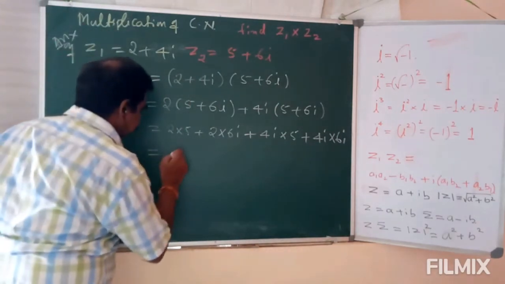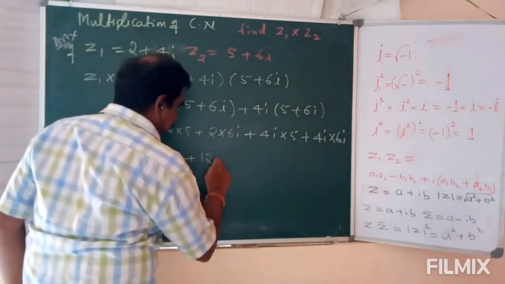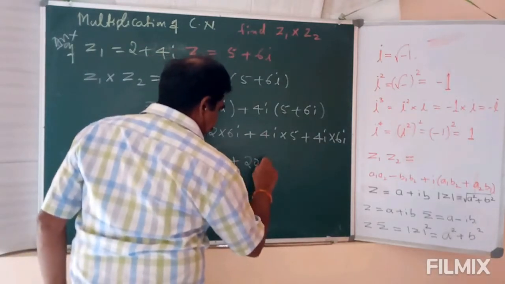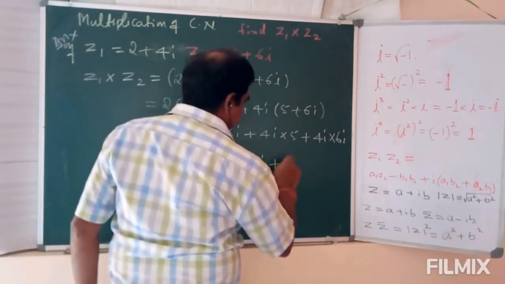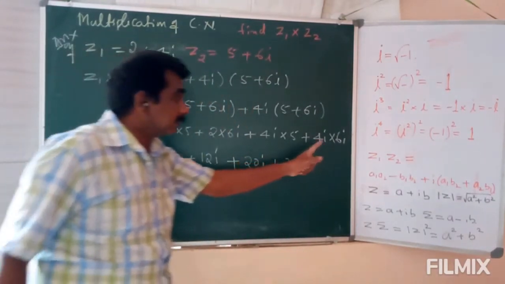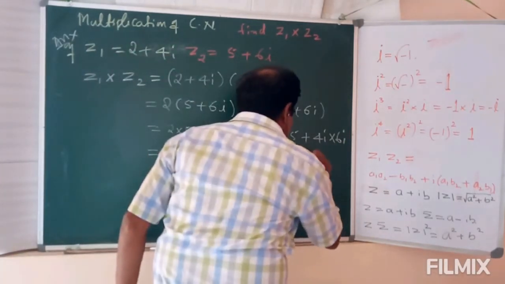What is 2 into 10 plus 6 into 12i plus 4 into 5 is 20i plus 6 into 4 is 24. Remaining one is there. What is i into i? i into i is i square.